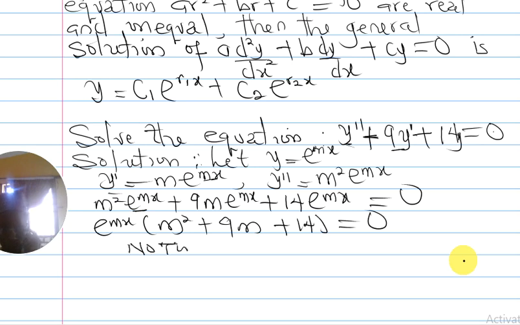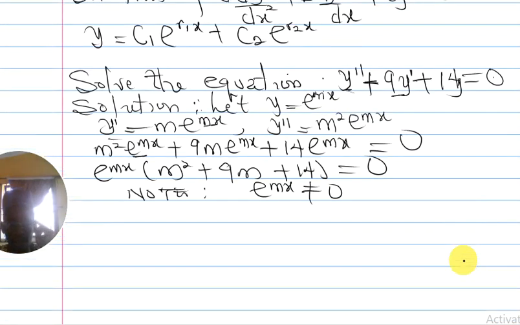Note that exponential mx is not equal to 0, so we can divide both sides by the exponential. Therefore, we have m squared plus 9m plus 14. Now let me factorize this one.